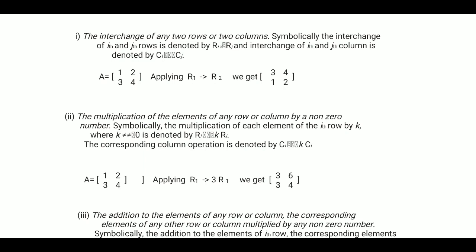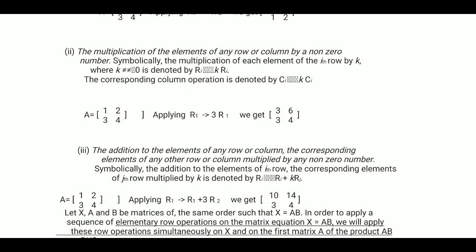Suppose A is the matrix given having row 1 elements 1 2, row 2 elements 3 4. I am applying R1 becomes 3 R1. It means we are multiplying the elements of R1 by 3. So the matrix becomes 3 6, 3 4. R2 remains same.